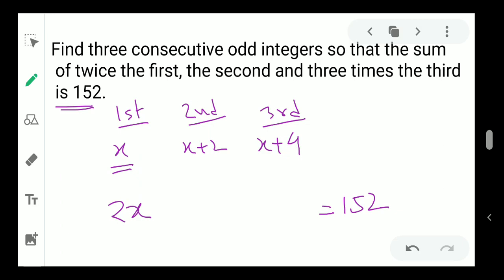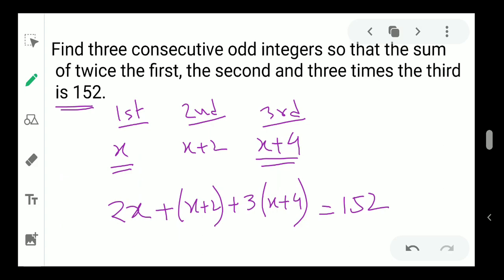The second, we don't have to do anything with the second, so just write the second number, that is x plus 2. And 3 times the third, so this is the third number, I have to make it 3 times, that means 3 into x plus 4. And the sum of it, that is equal to 152.